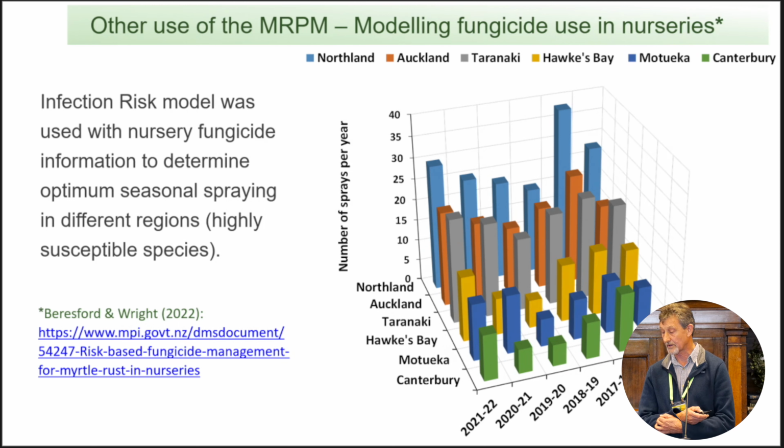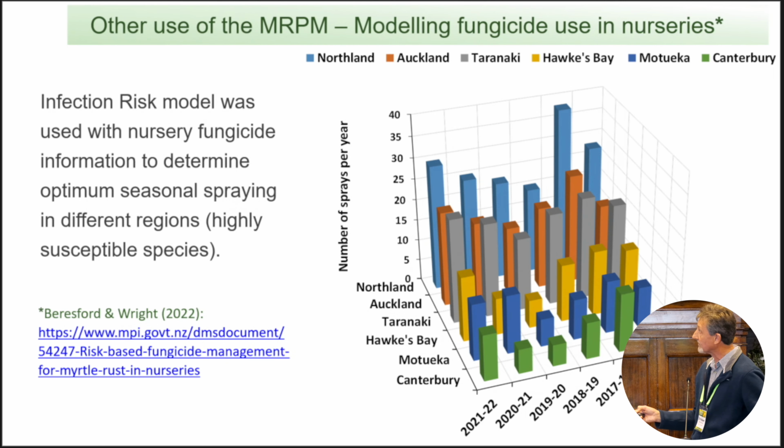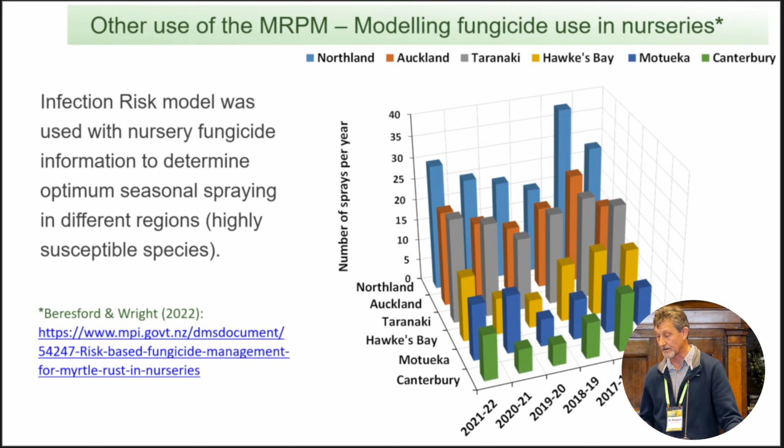And this piece of work obviously showed much higher requirement for fungicide use in the far north, and quite perhaps alarming numbers of fungicides, 35 to 40 in some years up in the far north, whereas down in Canterbury and the South Island, far fewer. Interestingly, that year of 2017-18 would, according to the modelling, require far more fungicide use to keep myrtle rust in check than most other years.